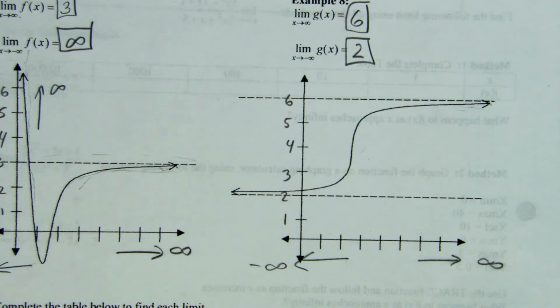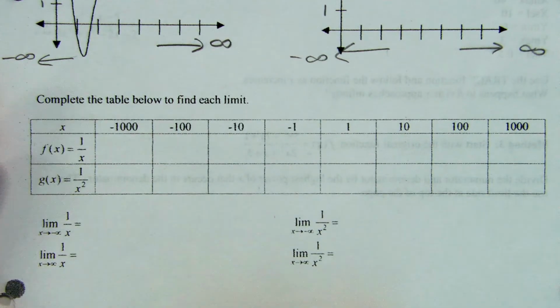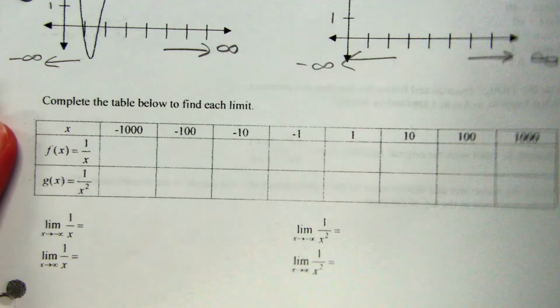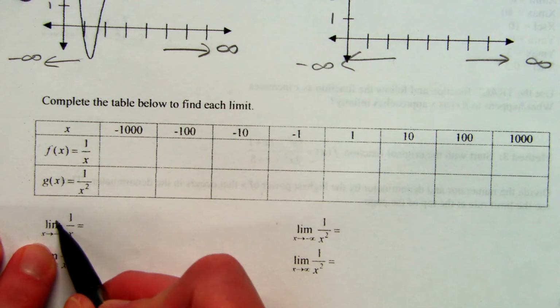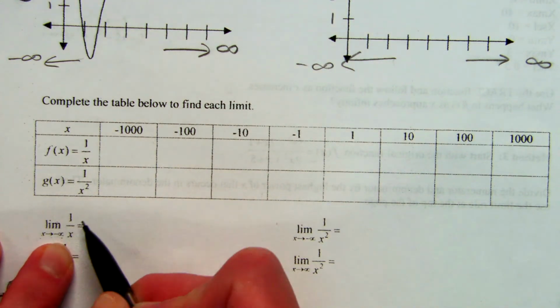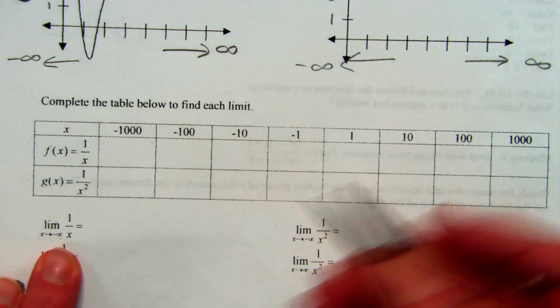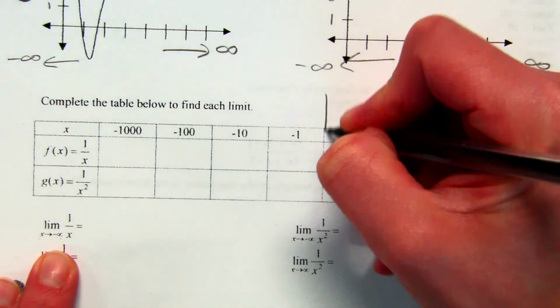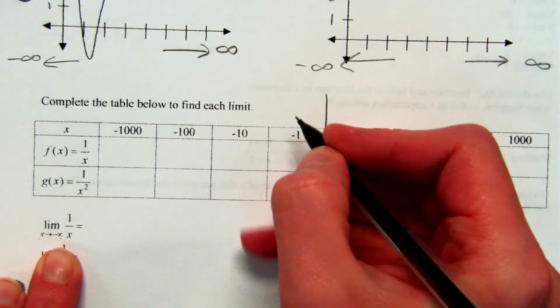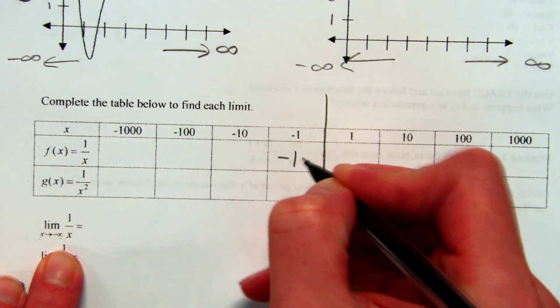Now, sometimes you don't have a graph and we still have to evaluate things at infinity. I'm going to show you 3 methods. The first one is using just a table and putting in some big numbers. So if I'm looking at the limit as x approaches negative infinity for 1 over x, negative infinity would be the left-hand side. If I just did negative 1, I'd get negative 1.